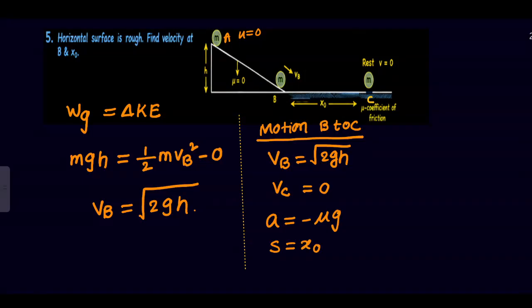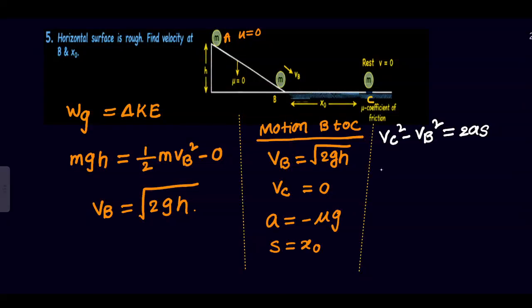So which equation can I use now? Tell me. Yes, so use the equation v squared minus u squared equal to 2as. That means vc squared minus vb squared is equal to 2as.